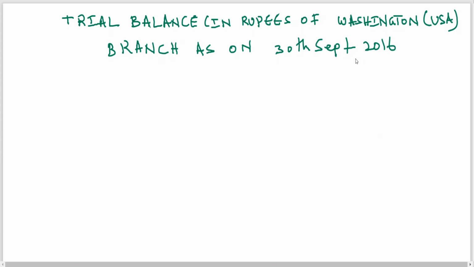You can write like this, or we can write converted trial balance into Indian currency.